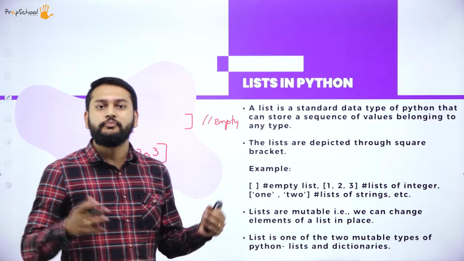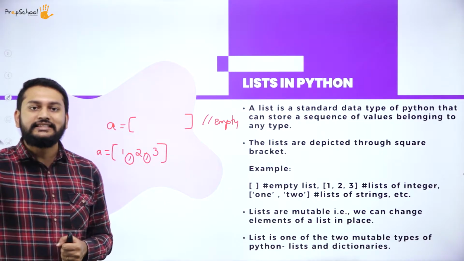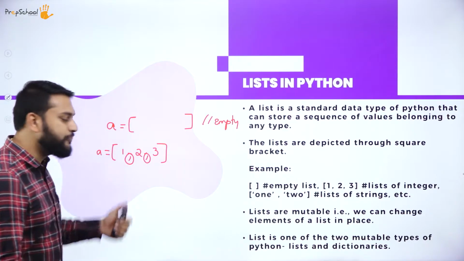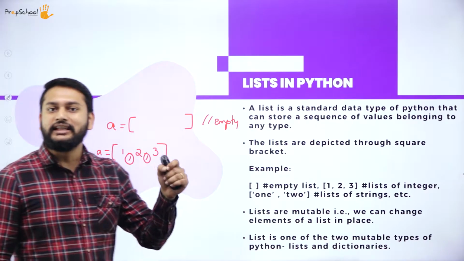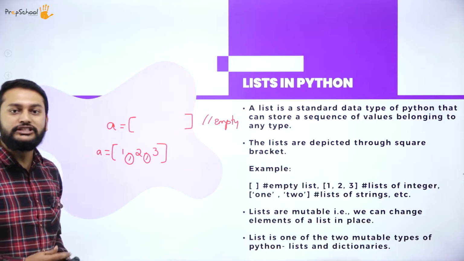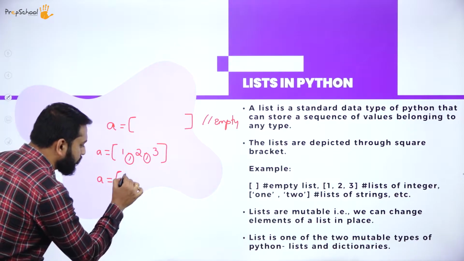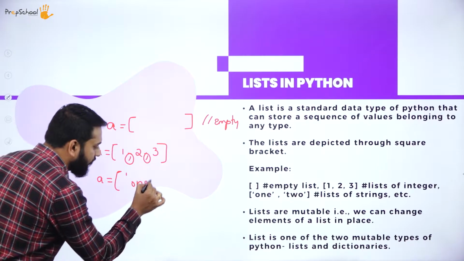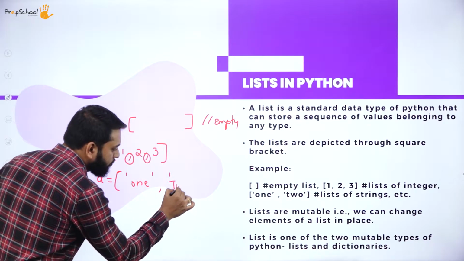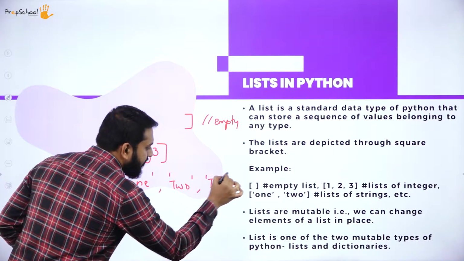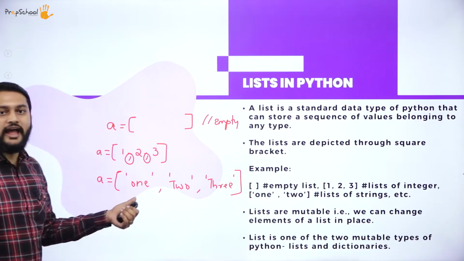Suppose you want to have multiple numbers inside the list, you have to use the comma operator. This is an example for integers inside the list. How do I store strings inside the list? I will be writing A is equal to, within quotes, I can just write 1, 2, 3. Guys, please observe what I have done here.